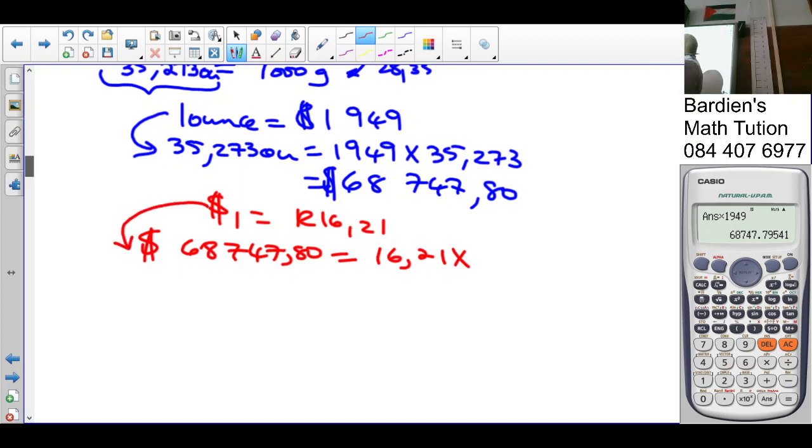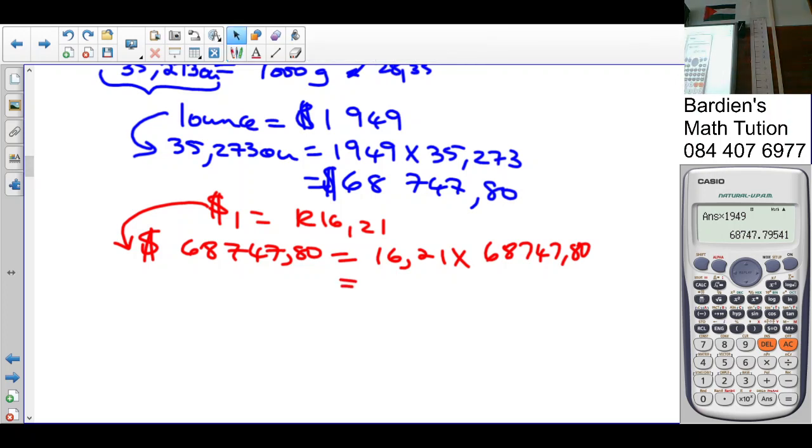I multiply by that value. So 68,747.80, you multiply that by 16,21. That gives us 1,114,401.76.